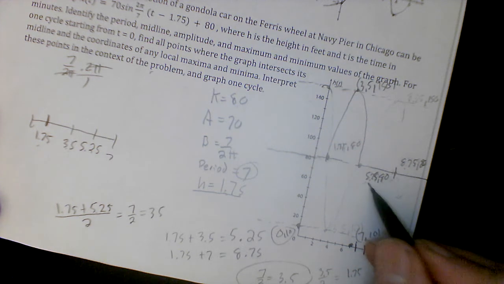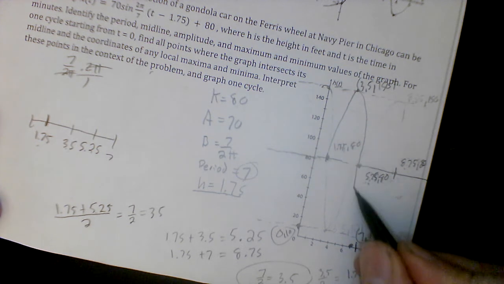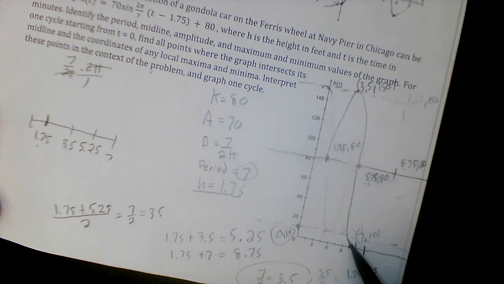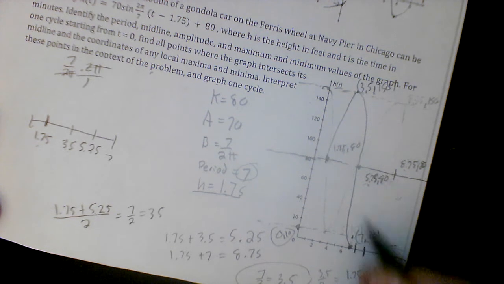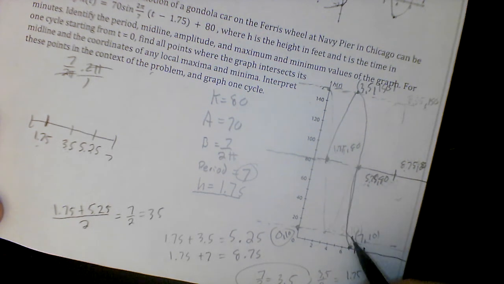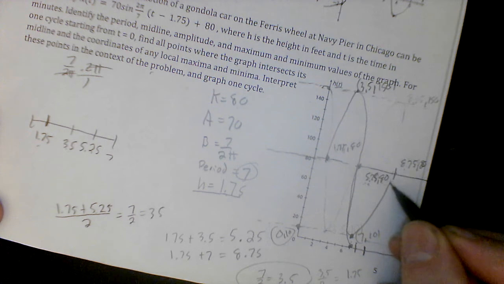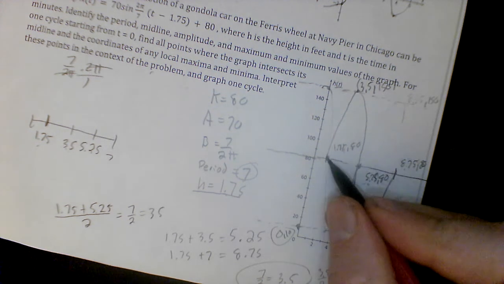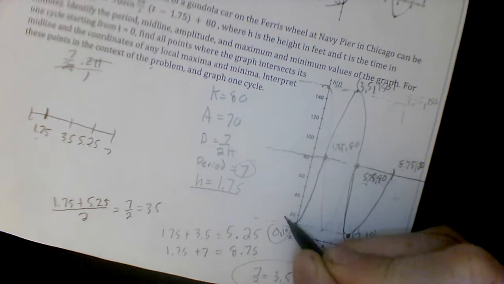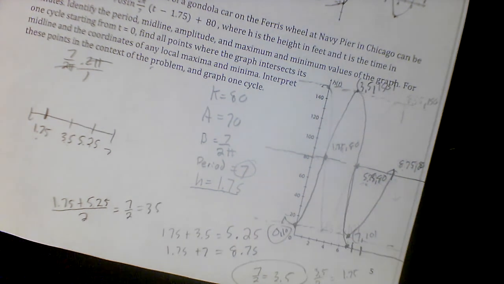If I add 1.75 to this, another quarter, that's 7. And then I went too low, should have been right here, at 10. And then 8.75, which is a full period, I'm back to the midline, which is 80. And I graphed it. I'll put some little arrows there like that.